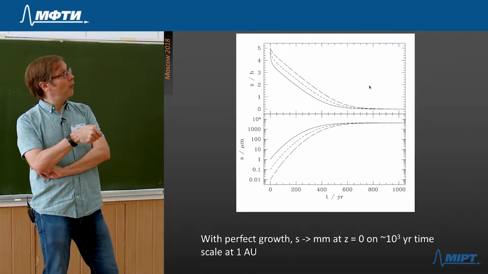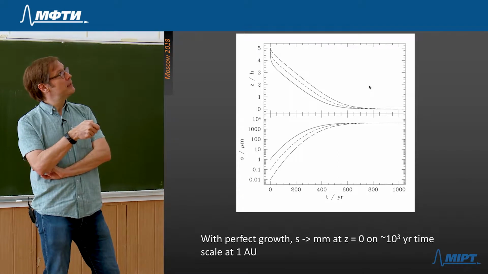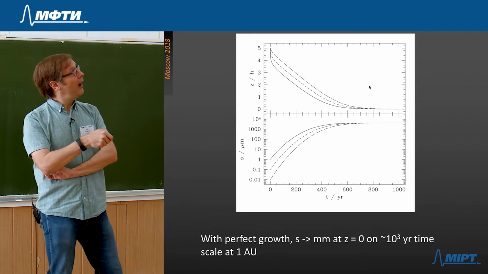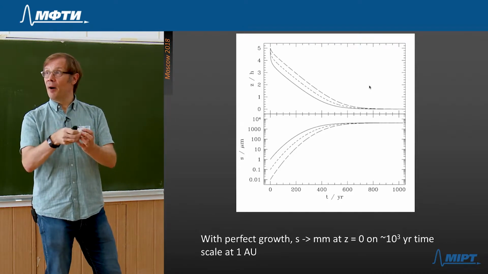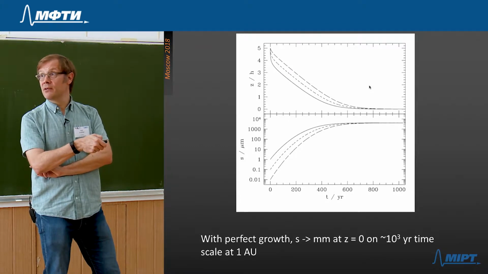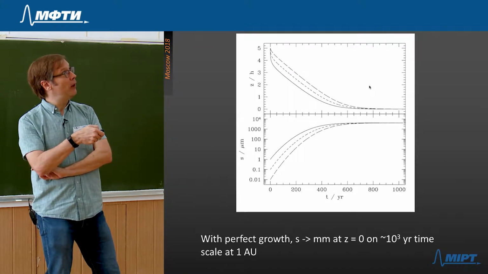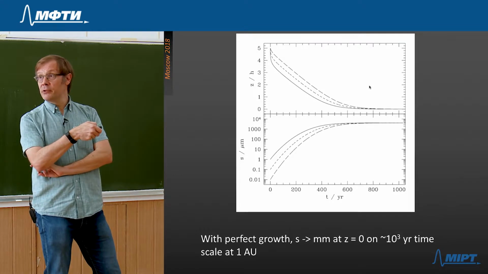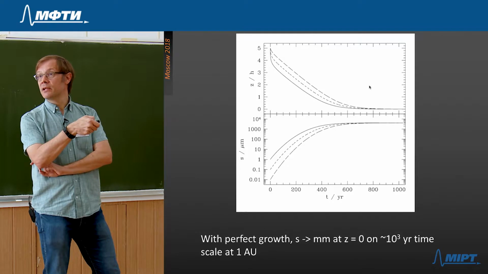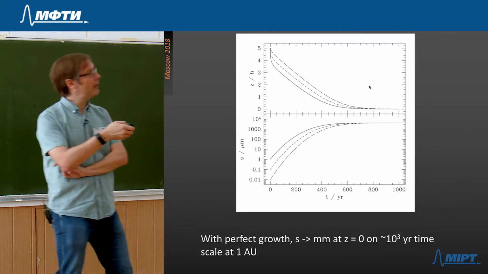Okay? So before, for 1 micron sized particles starting at 1h, we were talking about 10 to the 5 years. By assuming that we can hit other particles and grow in mass, we've actually reduced that timescale by 2 orders of magnitude. And as you can see here in this toy model, actually it doesn't depend on the initial conditions because these tracks are convergent towards a single solution. Okay?